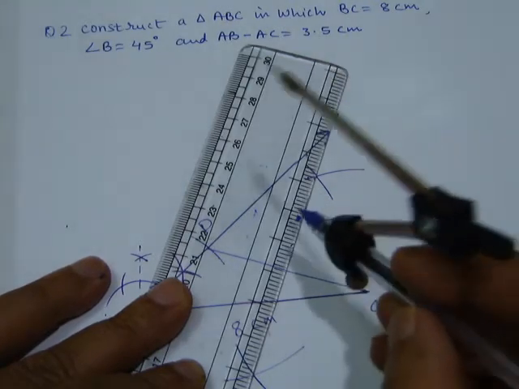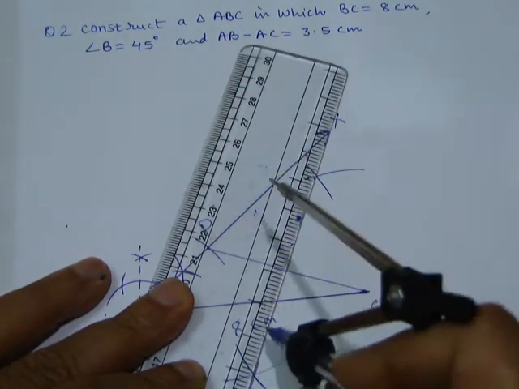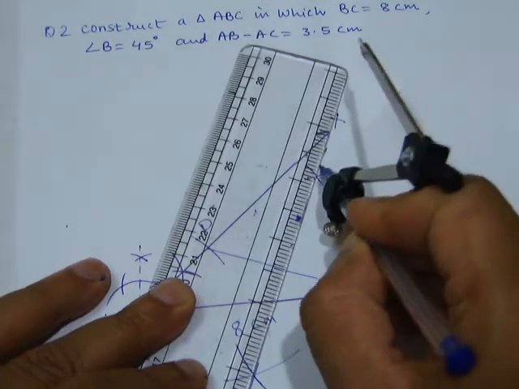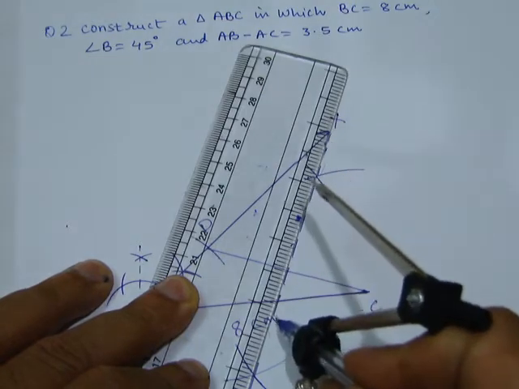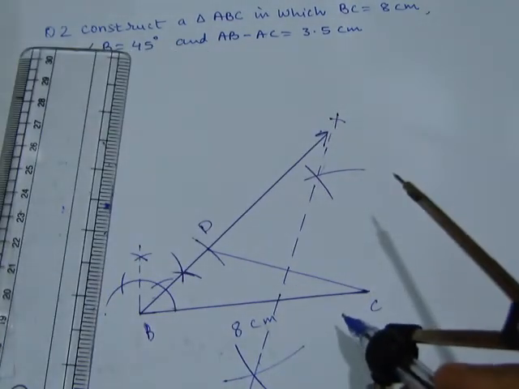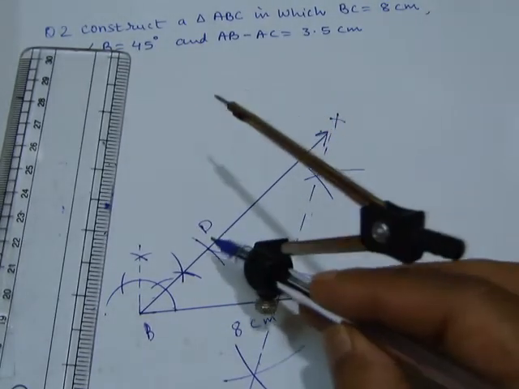This is the perpendicular bisector, with the dotted line. So we got the perpendicular bisector of CD.